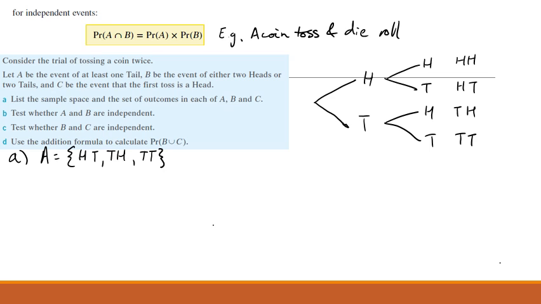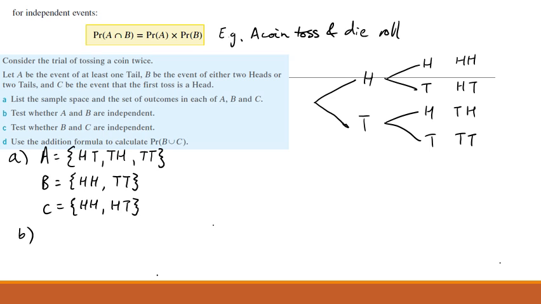Tails, tails. B is the event of either two heads or two tails, so it has to be heads heads, or tails tails. And C, the first toss is a head. How many of those do we have? Two: either heads heads, or heads tails.